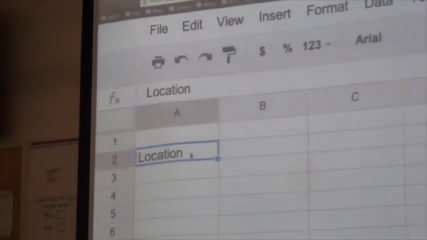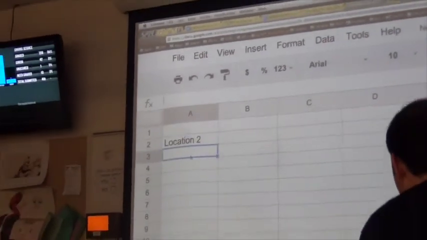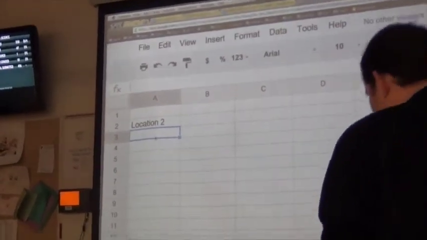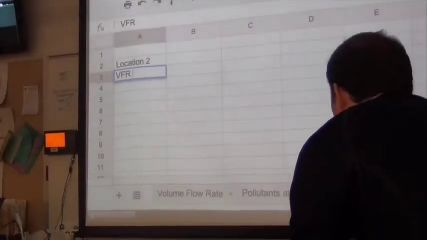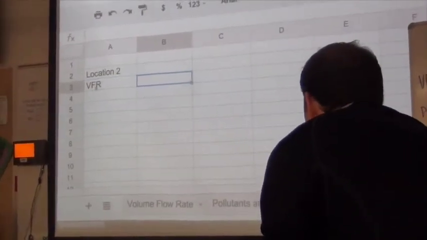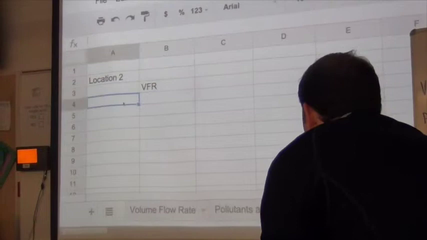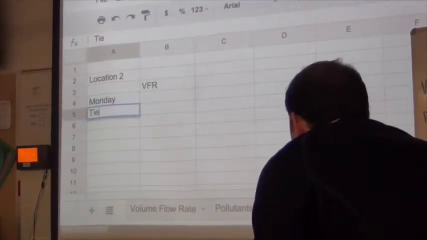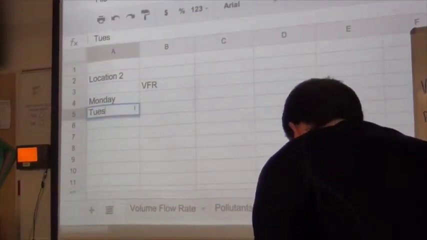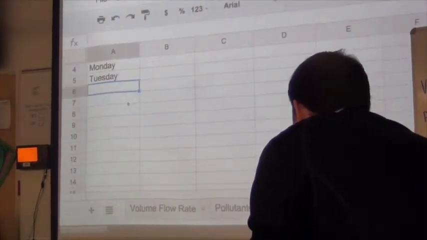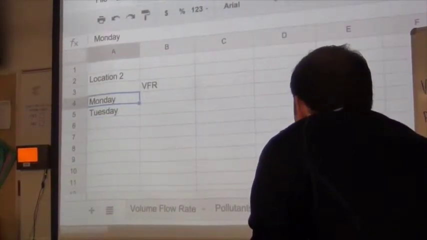Okay, so you can see it. Location 2. Some of the information that I need is the volume flow rate on each day. If you have someone on your team who wants to, it's a good idea to start. You could start this.